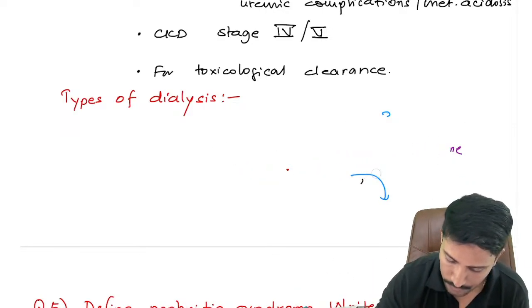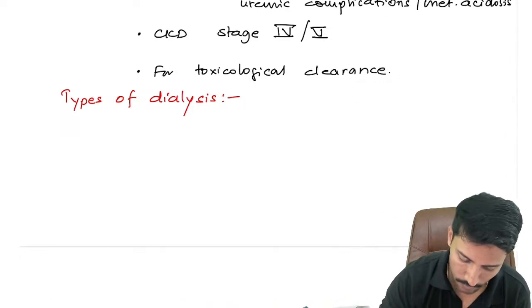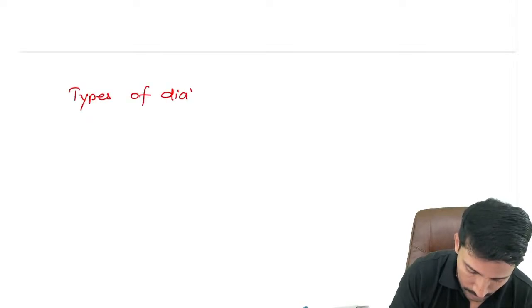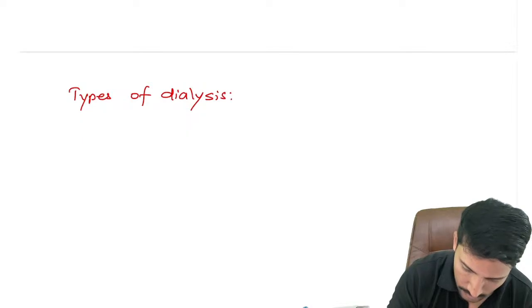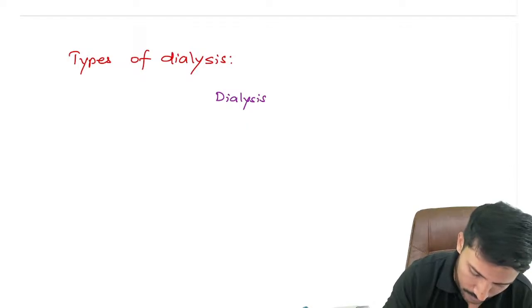So we will have the types of dialysis. Dialysis will have two major types: peritoneal dialysis and hemodialysis.